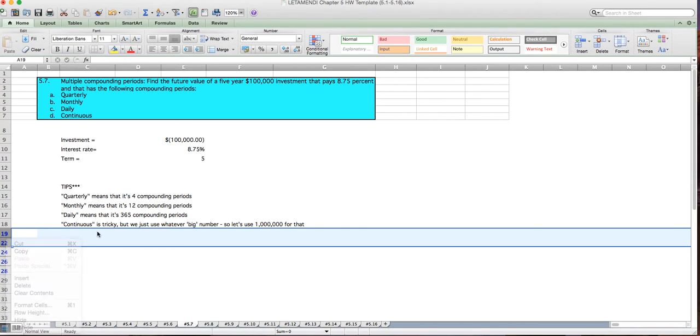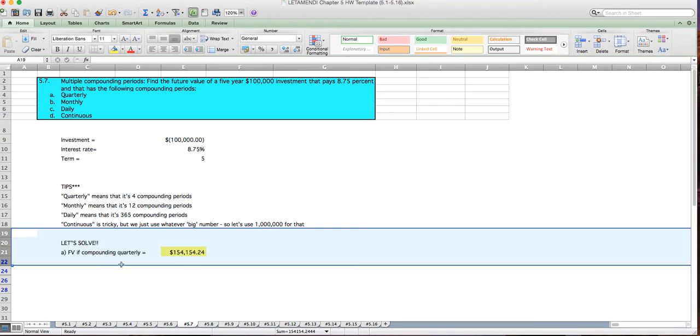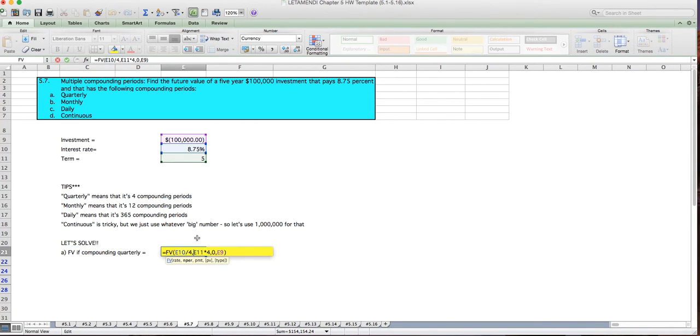So let's unhide this. Now we solve. We have to solve first for quarterly. So the future value if compounding quarterly is this, right? We already explained how to separate it when it compounds various times per year. So we do the rate, which is going to be the interest rate divided by the number of the compounds, which is 4. Okay, comma.